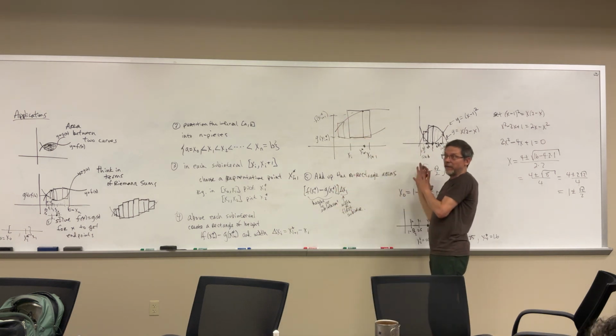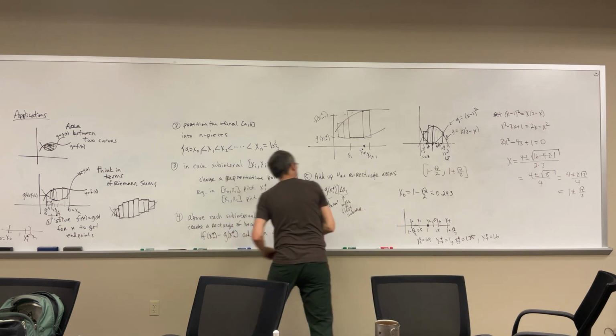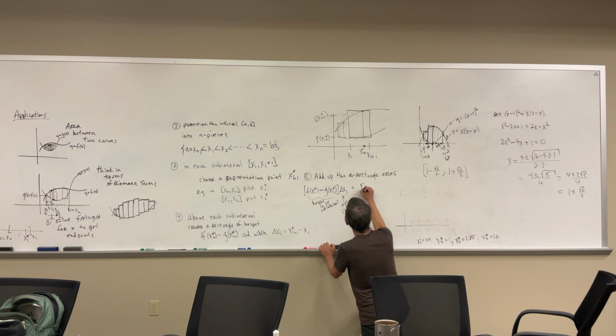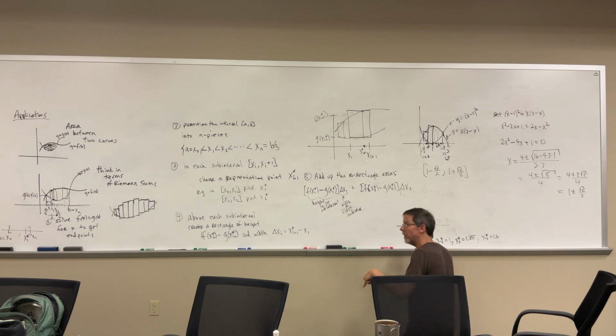I'm gonna go through and add these all up. So the next one is gonna look like what? Plus f at x2 star minus g at x2 star times the width of that little subinterval. And now I'm just gonna do that all the way to the end.